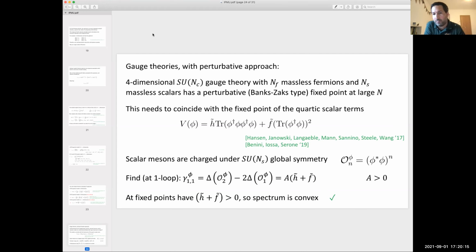In fact, it would be in the adjoint. And then the nth power of it would be in the nth symmetric product of the adjoint representation of SU(N_S). So this is the kind of thing we're looking at, meson operators like this. And then we can calculate the leading, so the 2 meson operator compared to twice the 1 meson operator.